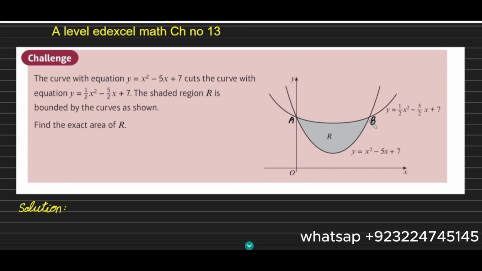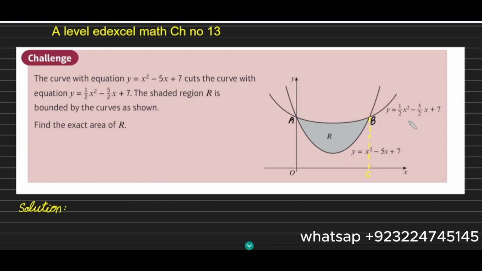We can see the area of the above curve having equation y equals x squared by 2 minus 5 by 2 x plus 7. The area under this curve will be on the x-axis at a point, say C. The area OC, which is under the curve, the one above, having equation x squared by 2 minus 5 by 2 x plus 7, and then we will subtract the area under the second curve, which I am showing here, having equation y equals x squared minus 5x plus 7.